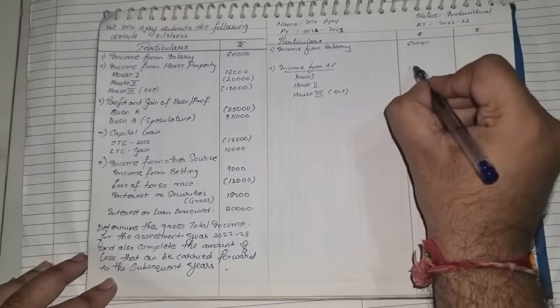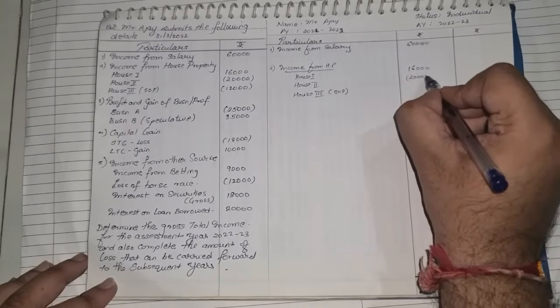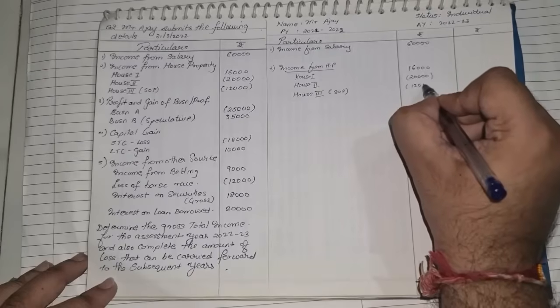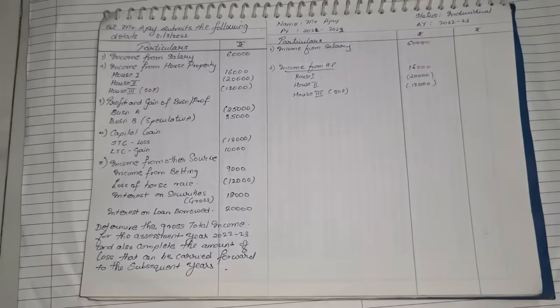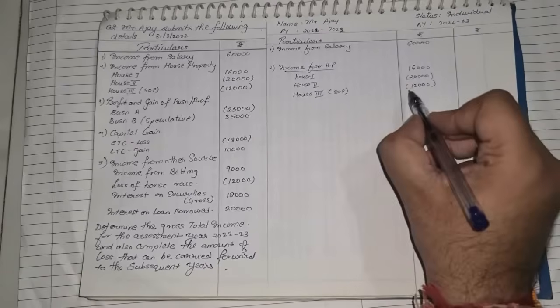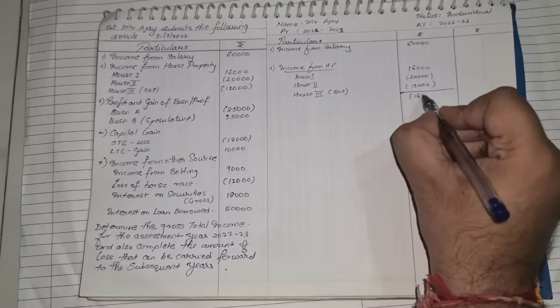House 1 is 16,000, house 2 is negative 20,000 and house 3 is negative 12,000. So the net amount for this will be, so 32,000 minus 16 is negative 16,000.